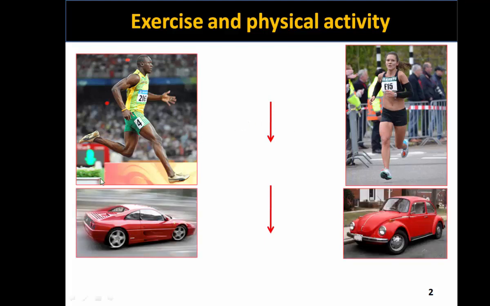On the left-hand side, here we see an athlete and a car that is designed for maximal land speed movement. On the right-hand side, here we see an athlete and a car that are designed for lower land speed movement, but very long duration, very efficient type of operation.